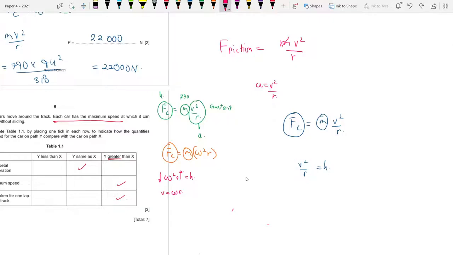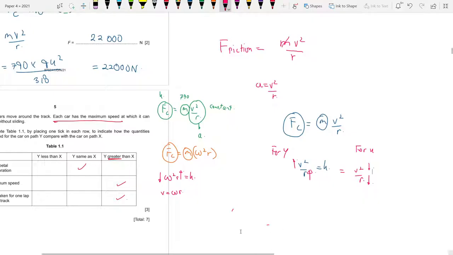So for y, since the denominator is greater, the value of the numerator must be greater. Wait, sorry, for y, since the radius is greater, the value of velocity must also be greater, right? To keep things the same. And for x, since the value of the denominator is less, the numerator will also be less to maintain that constant value, okay? Hopefully you understand.